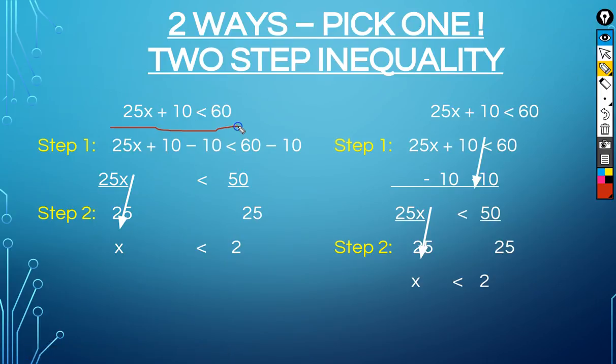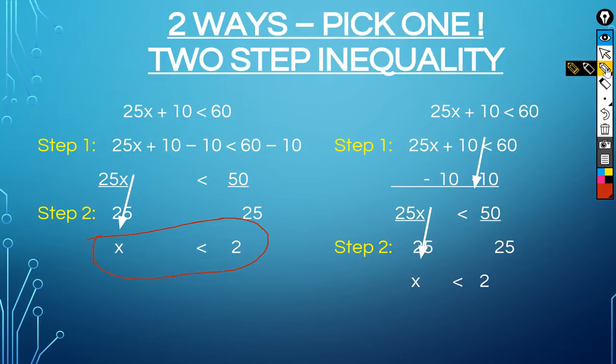Exact same numbers, they get the exact same answer. Only thing that's different is the symbol. So instead of x being equal to 2, you would just say x is less than 2. And with inequalities, the only thing that's going to be different is you may be asked to show that answer on a number line. And I will show you how to do that in a later video.